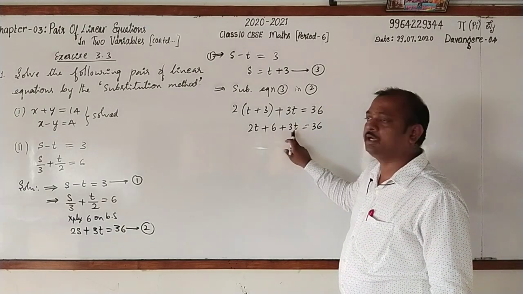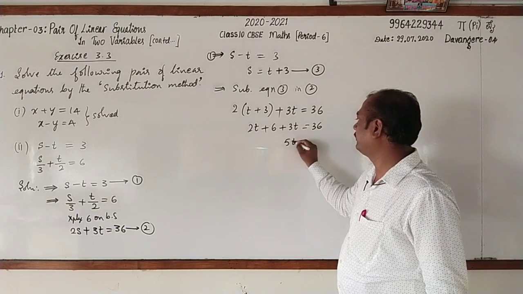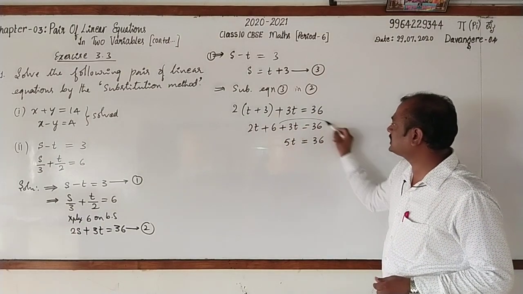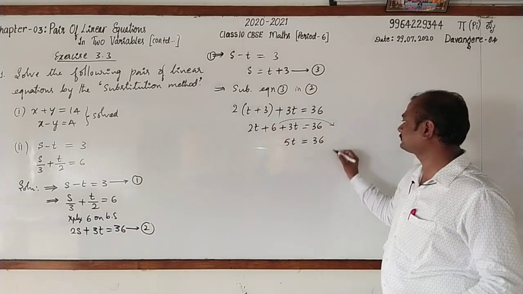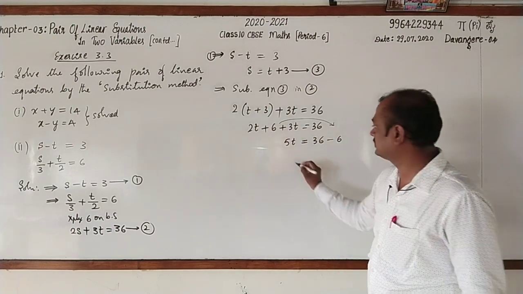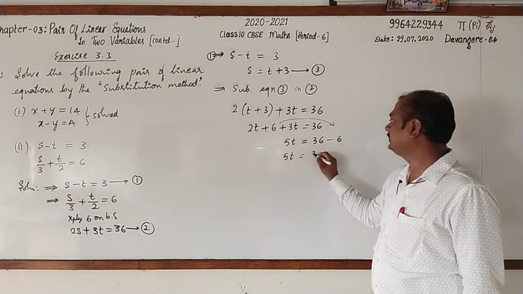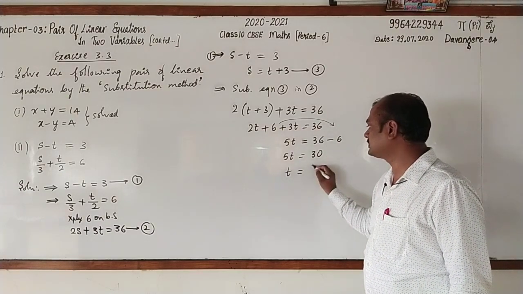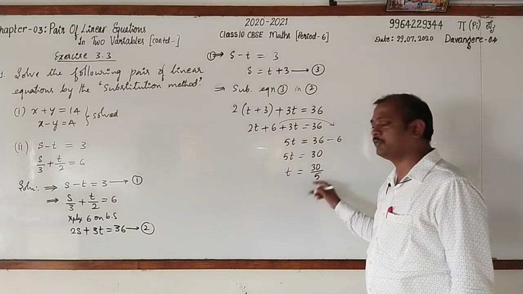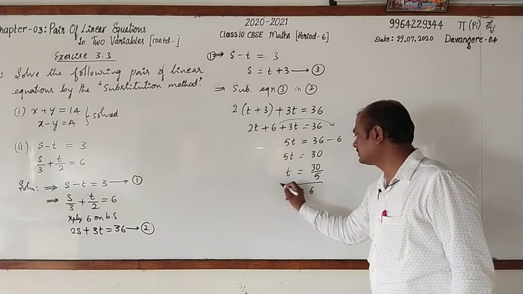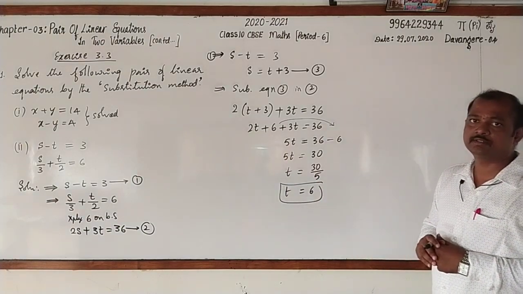Add 2t and 3t. This will be 5t plus 6 equal to 36. Now, transfer 6 to the right-hand side, becomes minus 6. 5t is equal to 36 minus 6, which is 30. t is equal to 30 by 5. Cancel by 5: 6. Hence, the value of t is 6.